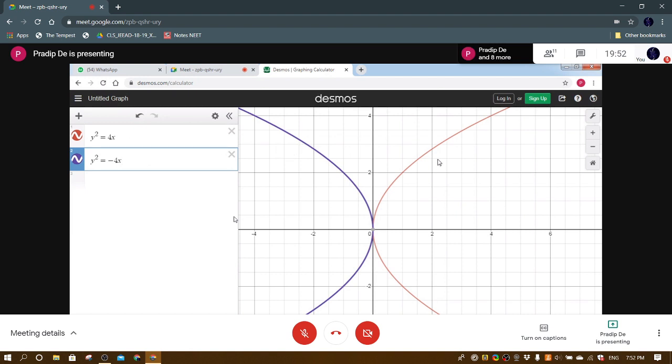That is, if the equation of this parabola is y square equal to 4ax, then the equation of this parabola will be y square equal to 4a into minus x. Because for every point x comma y on the first parabola, there's a corresponding point minus x comma y on the second parabola. So by replacing x with minus x, we get the equation. So the equation of this parabola is y square equal to minus 4ax.